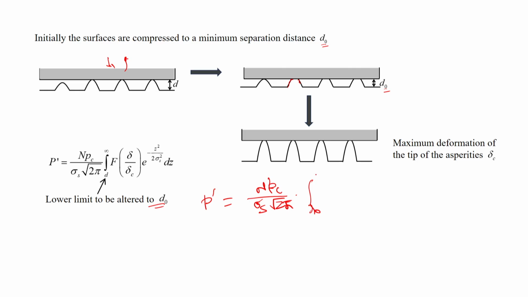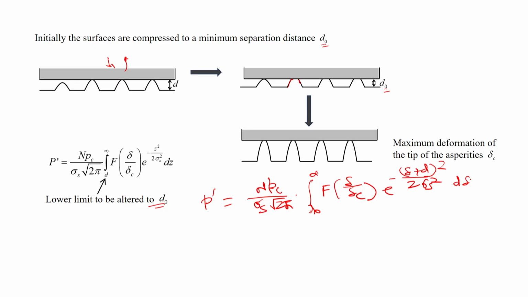The integral goes from d0 to infinity of f of delta c and exponential minus, and remember that we are writing z equal to delta plus d, so delta plus d whole square by 2 sigma s square d delta.